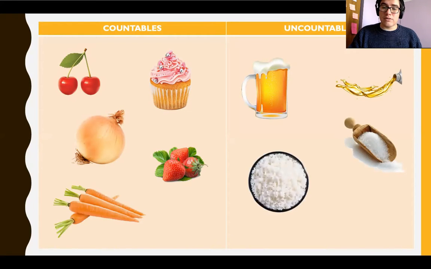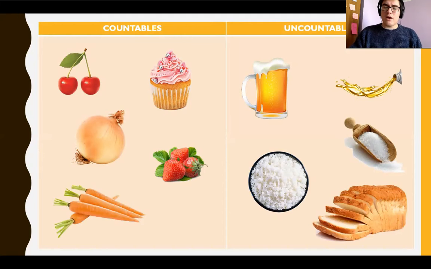Sugar is uncountable. Rice and bread. Now, maybe you're thinking bread is uncountable, and the answer is yes. You can count maybe pieces of bread or slices of bread, but the concept of bread cannot be counted, so bread is uncountable. Okay?